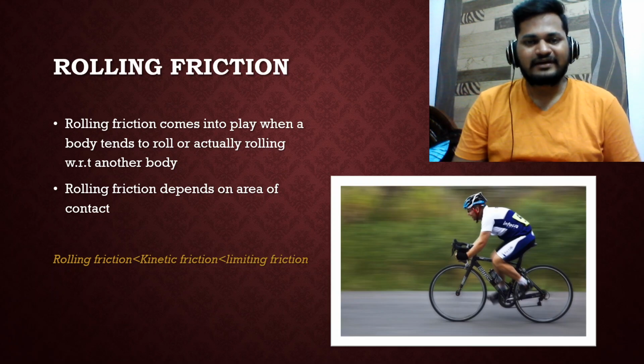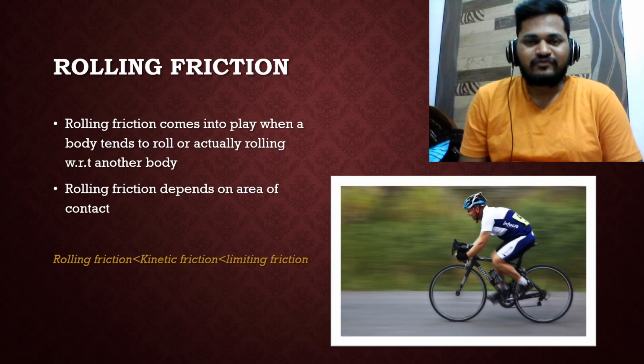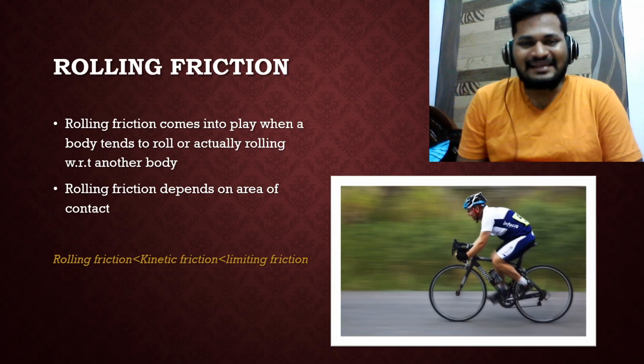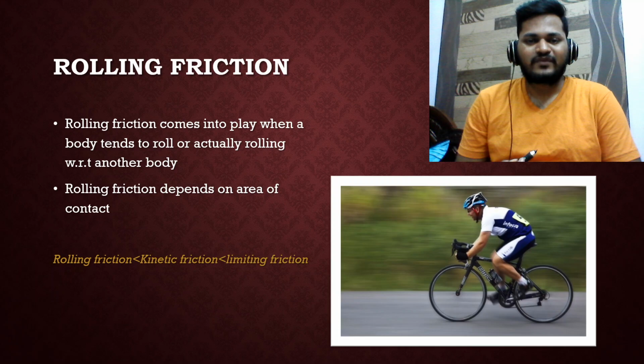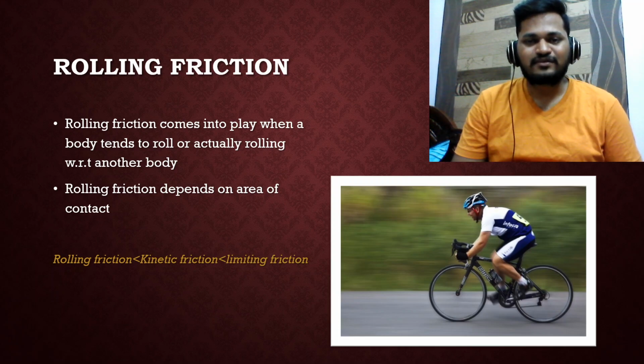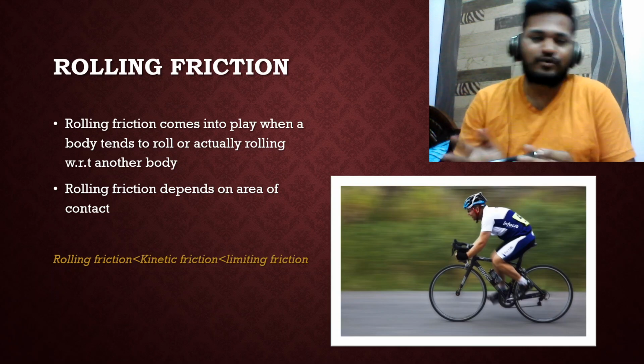If the area of contact is less, then frictional force is less. Among all the types of friction, rolling friction has the least value. Maximum is limiting friction, next is kinetic friction, and least is rolling friction. So if you want to reduce friction, instead of sliding, convert it to rolling.